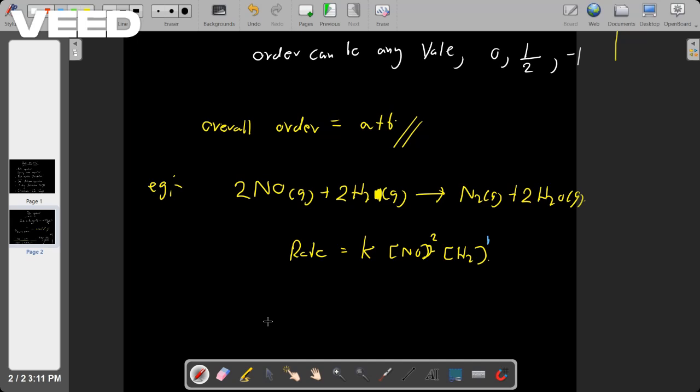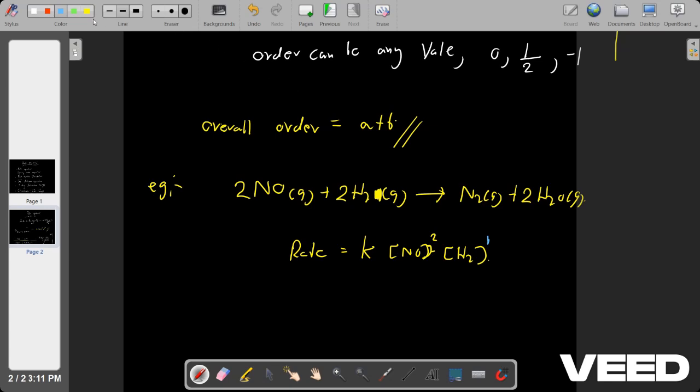Otherwise, you can't. Usually, they won't tell you if it's a single step or multi step reaction. We have to decide. So it means these reactants are becoming these products through intermediates, and then only it is becoming this. We can make that assumption. It is a multi-step reaction. Is it clear?